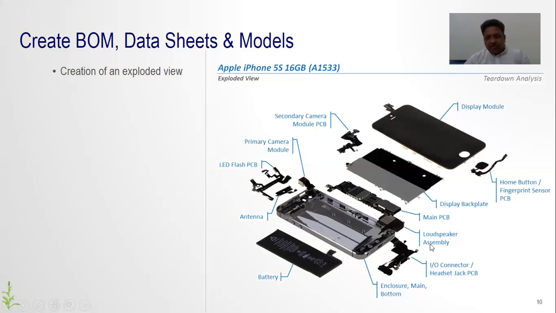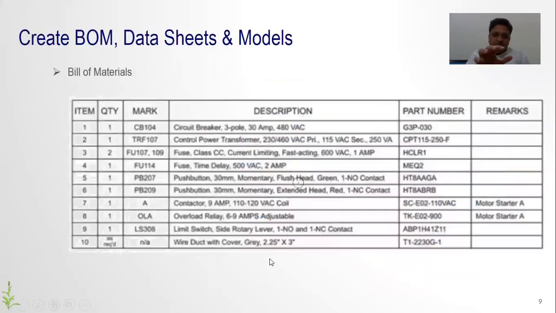The loudspeaker assembly is there, the IO connector and headphone jack are there, and the entire frame you see at the bottom is the aluminum enclosure, main bottom. Above that there is an LED flash PCB, an antenna, and a battery. So it is an exploded view, and accordingly you need to make a BOM of that.